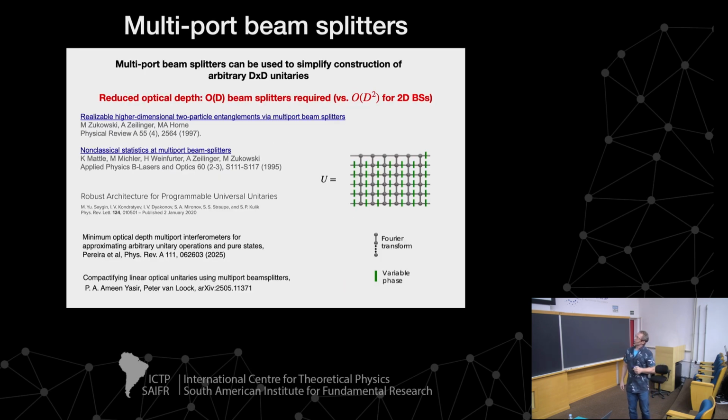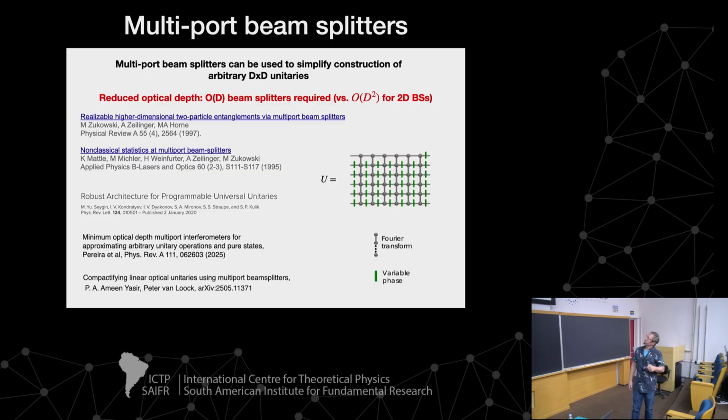And so I showed last lecture how you can construct arbitrary d-dimensional unitary operations using an arrangement of 2x2 beam splitters. You can do the same with these multi-port beam splitters. There have been a number of papers that have studied this.